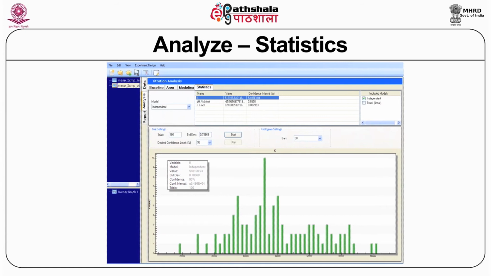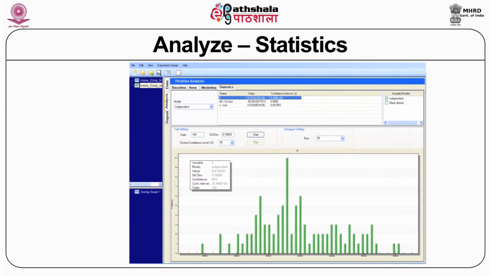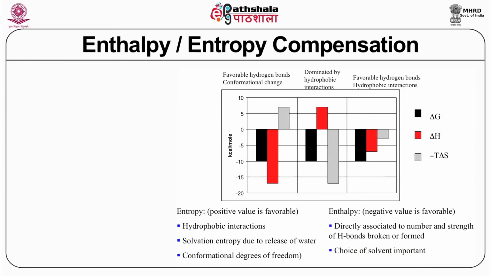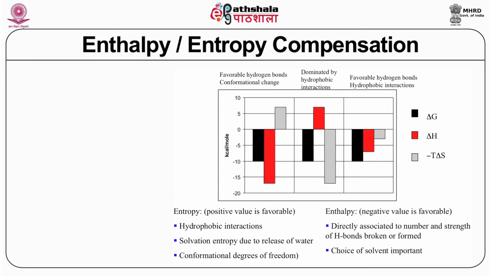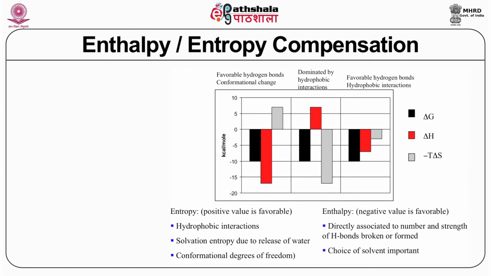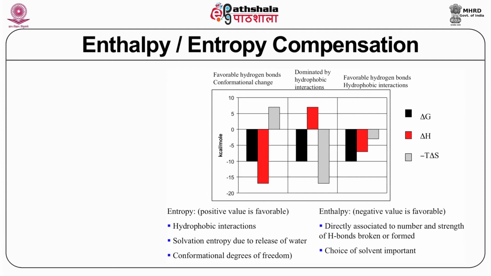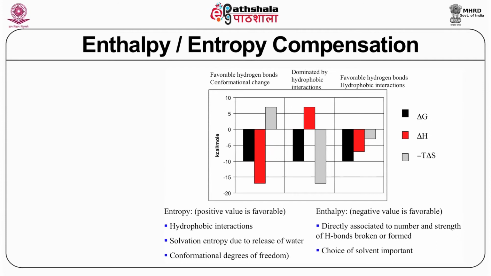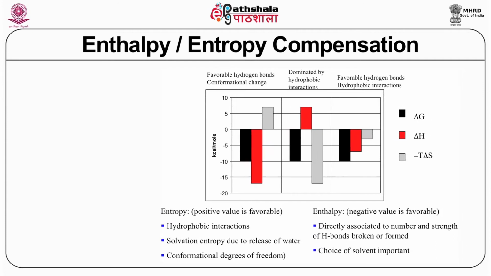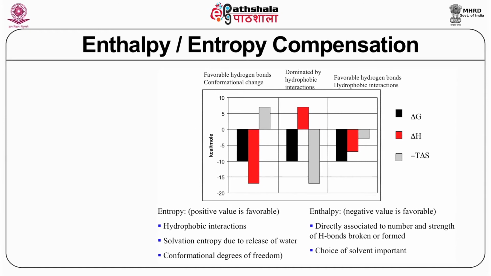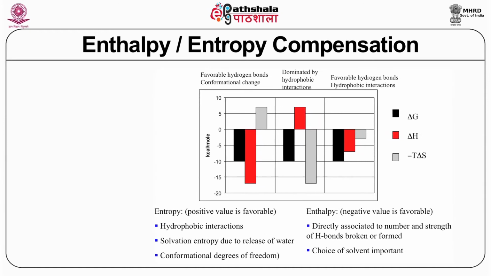The example is shown here, in this case an independent binding site model. Here, again giving a kind of theory, enthalpy and entropy compensation is there. What are the things that favor hydrogen bonds and conformational changes, and sometimes they are dominated by hydrophobic changes.